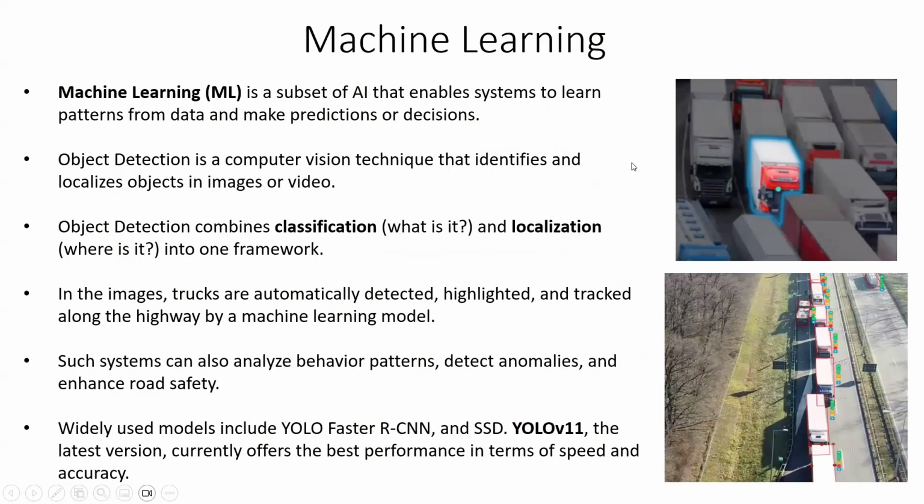In the next section, we're going to discuss machine learning. Machine learning and computer vision refer to AI, but actually it's not AI, it's a subset of AI. As you can see here in the image, we can see some patterns from those trucks. They are all the same shape.